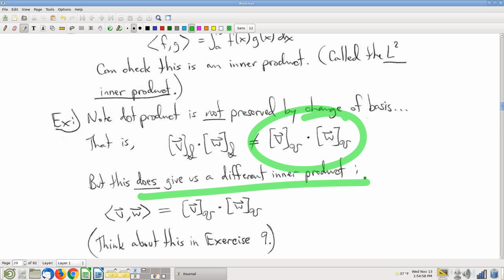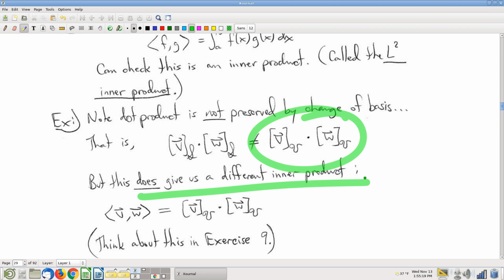It's just a different inner product on Rn. So it's kind of a neat observation. There are reasons sometimes to want to do this. We'd have to go pretty far into the weeds to show you an example of that. But sometimes looking at dot products in other coordinates is a convenient thing to be able to do.